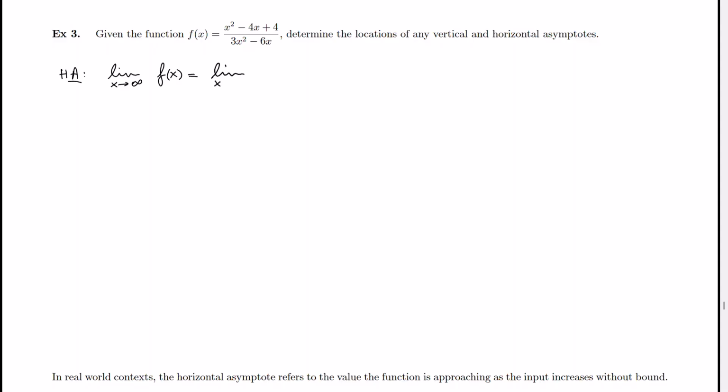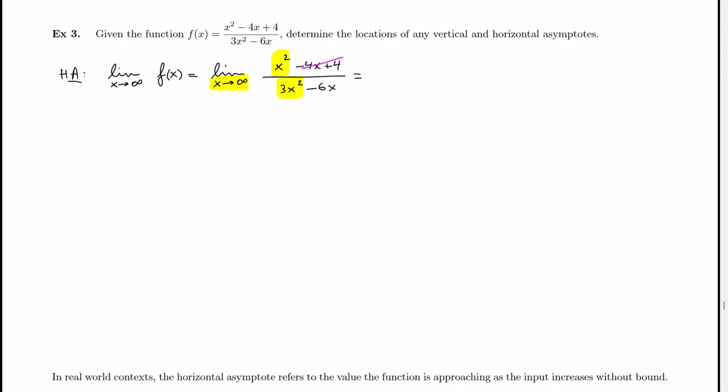And so let's look at the limit as x goes to infinity with x squared minus 4x plus 4 in the numerator divided by 3x squared minus 6x in the denominator. And because, again, the x is going to infinity, the only thing that really matters is the leading coefficients and the leading term in the numerator and the denominator.